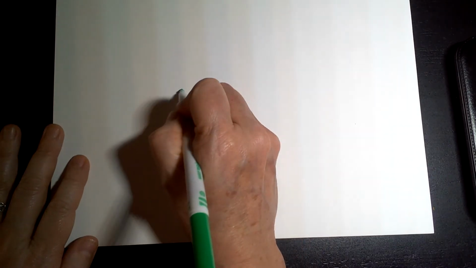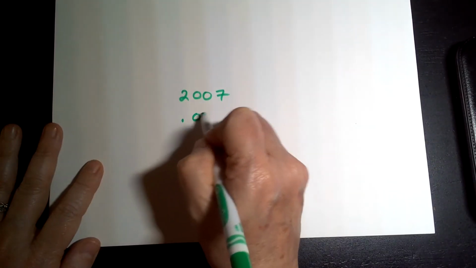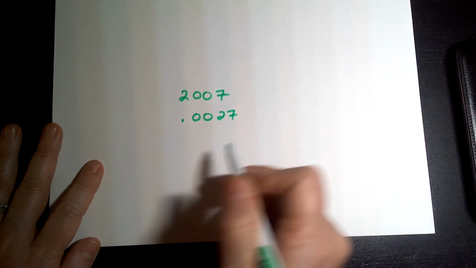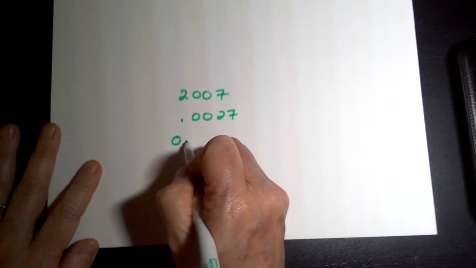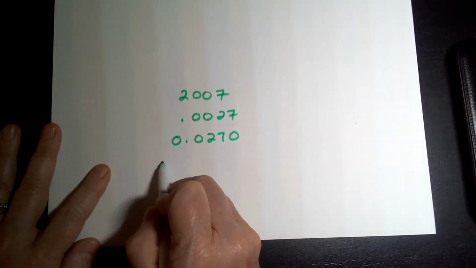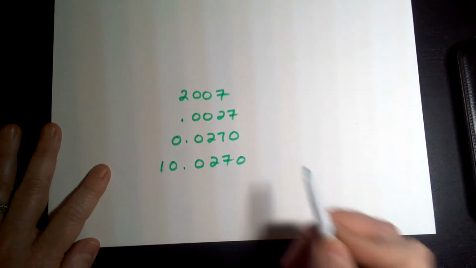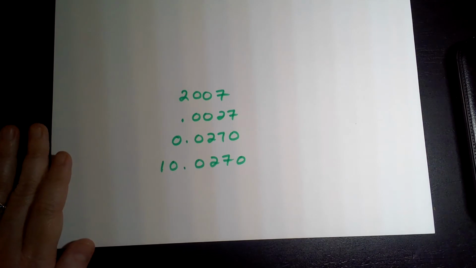So in a number like 2007, okay, versus 0.0027 versus 0.0270 versus 0.0270. Okay, so we got a lot going on here.